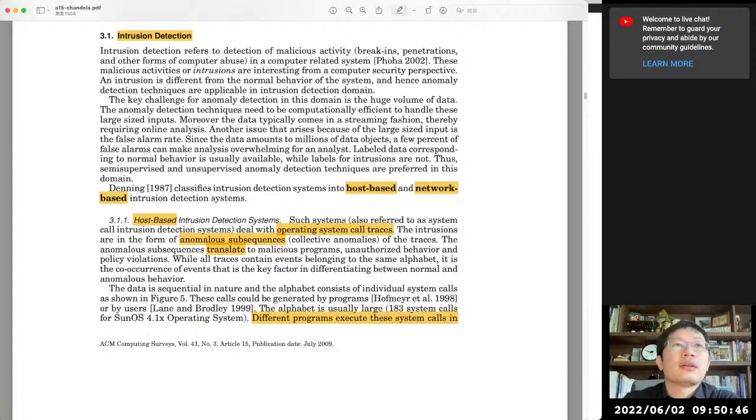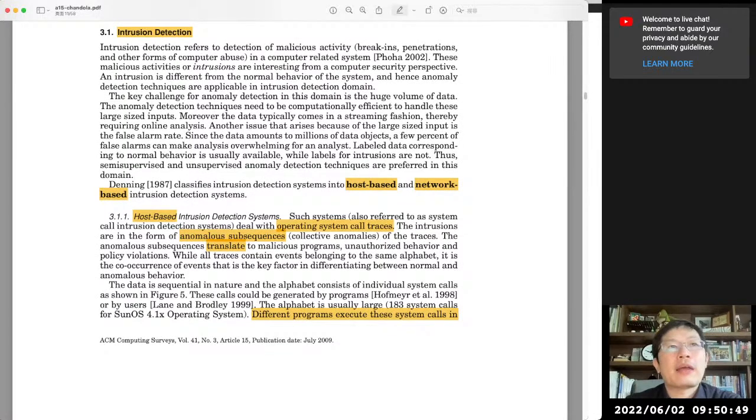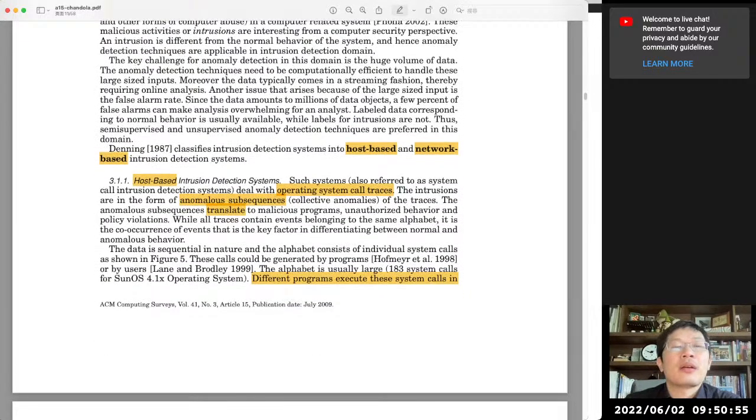There's a very old paper written by Denning. It says we have host-based or network-based intrusion detection, but host-based intrusion detection is quite easy because we can set up monitors in the operating system, so it can keep tracking and collect a lot of events or system logs, or the execution trace of your program, to use them as sequences.